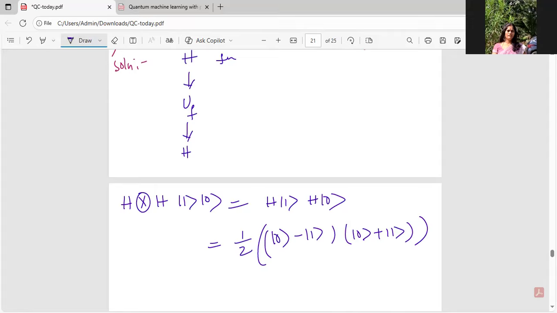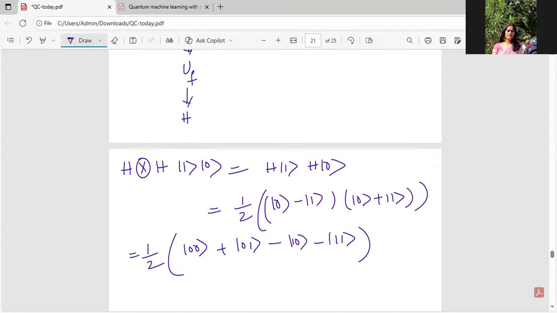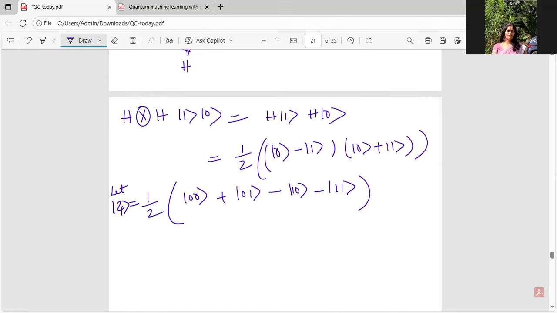See what happens. 1 by 2, 0, 0, plus 0, 1, minus 1, 0. I think there is no doubt about it for anyone. Minus 1, 1. Okay, guys? Yes. Next, what I'll do? I'll apply the unitary operator. Let's call this ket psi or something, guys. Let it be ket psi. Ket psi prime we will notate and go ahead.